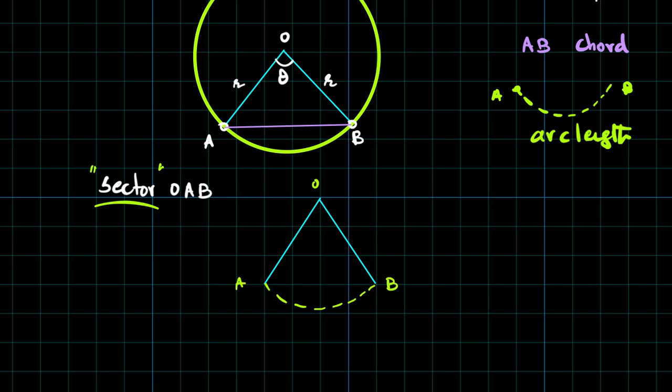Now this purple line over here connecting A and B, that is the chord. And this region over here, which I am shading, this is a segment.